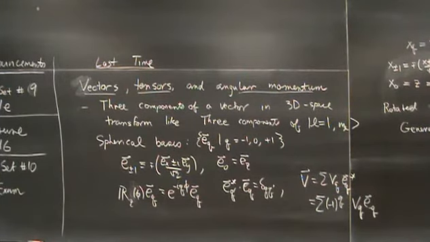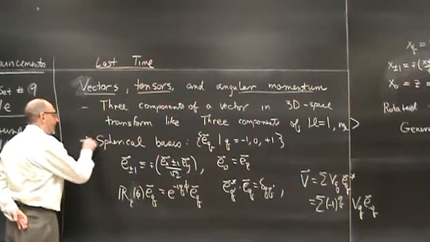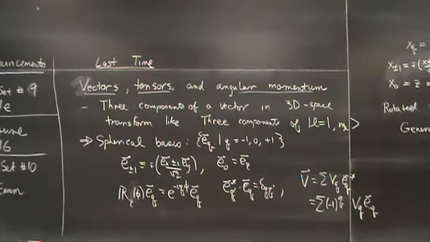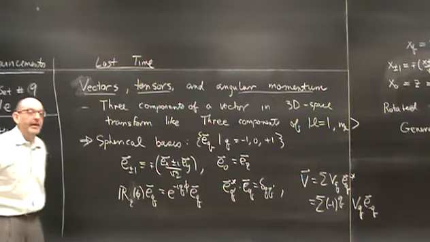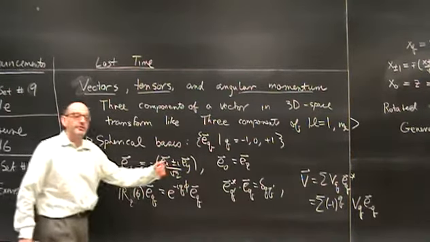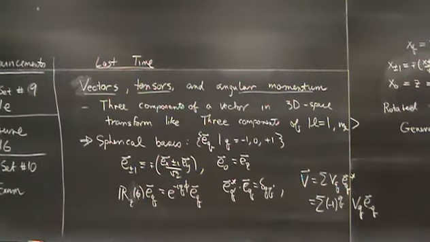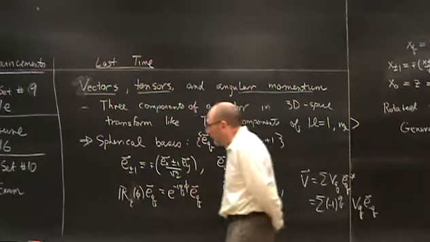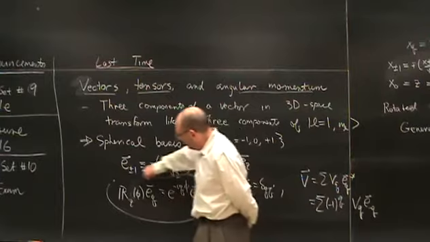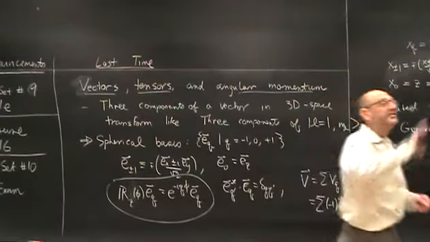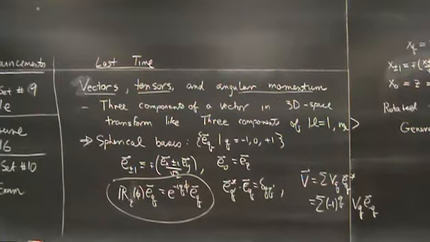All right? So, the important point here is that we can look at the properties of the so-called spherical basis, a basis for three-dimensional physical space, which has these components, okay? Those vectors are special because they are the eigenvectors of rotations in three-dimensional space around the z-axis by some angle, okay?